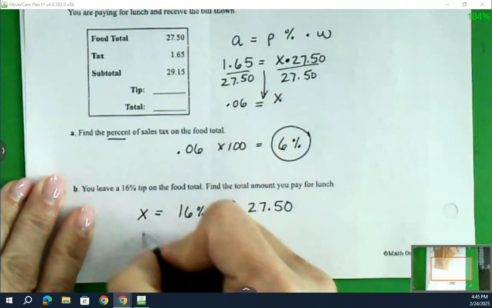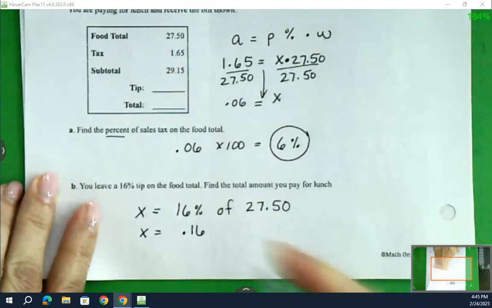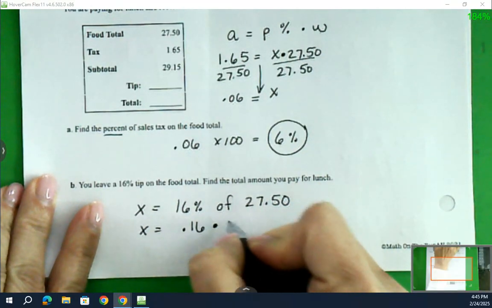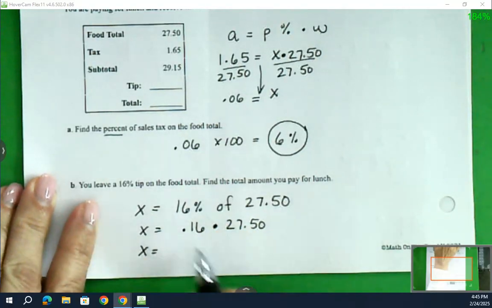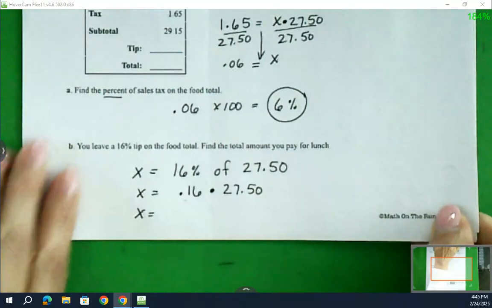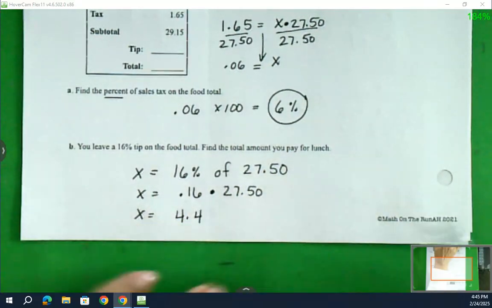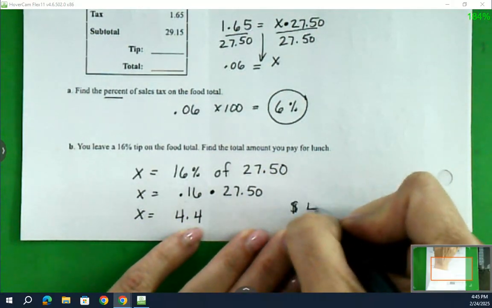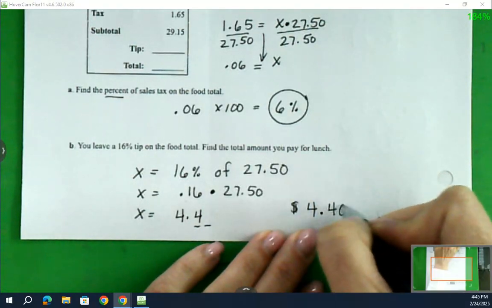So 16% is 0.16, divide by 100, times $27.50, and we already have X by itself, so all we have to do is multiply 0.16 times $27.50, and we get 4.4, which in terms of money is $4, and remember two decimal places, $4.40.